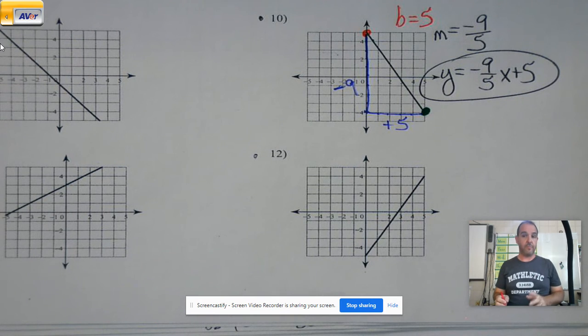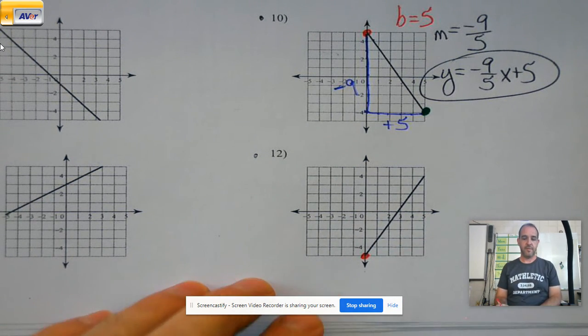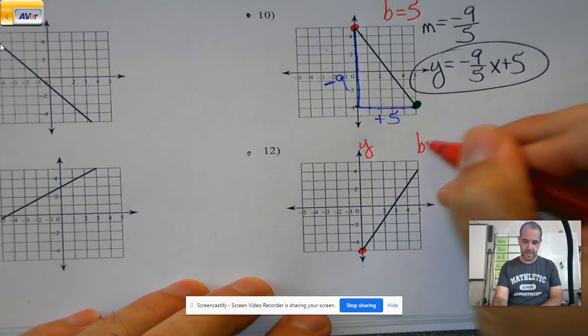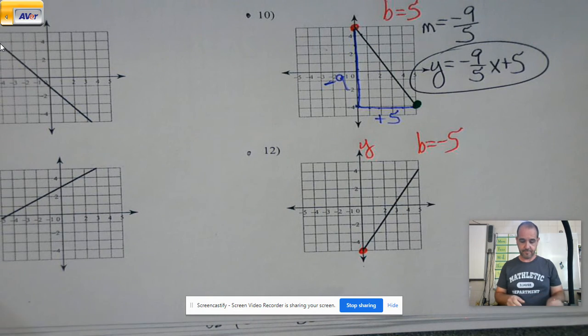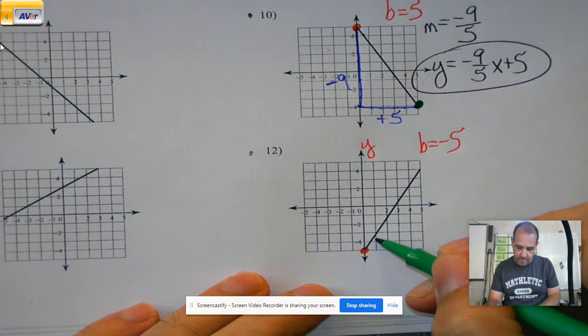All right, so I'm jumping in. Hopefully you paused me at this point if you were going to. There's my y-intercept. So my b is at -5. And so now again, I start looking. What do we got here? Start following my way up. Could that be one? Again, it's really close.